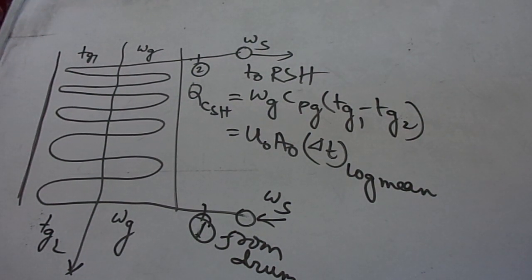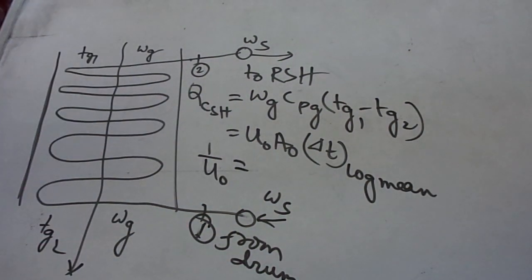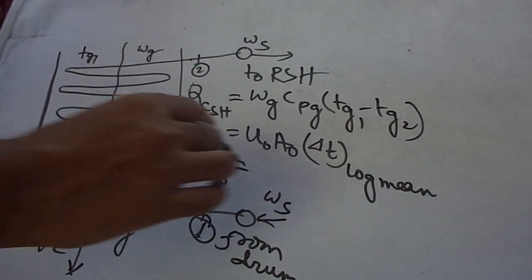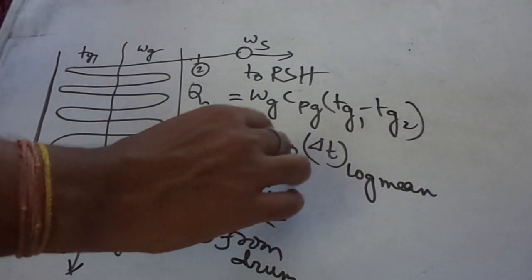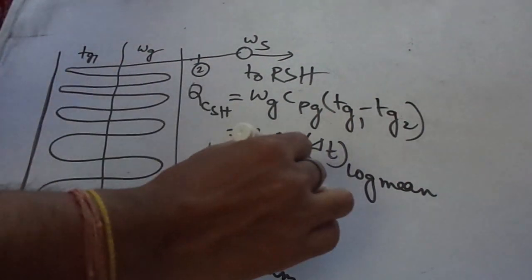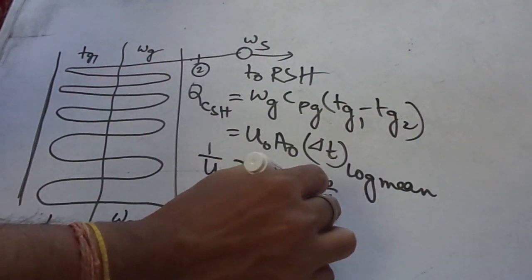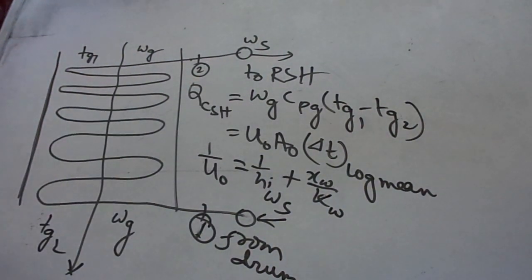Where 1 by U0 equals 1 by Hi plus Xw by Kw plus 1 by H0.